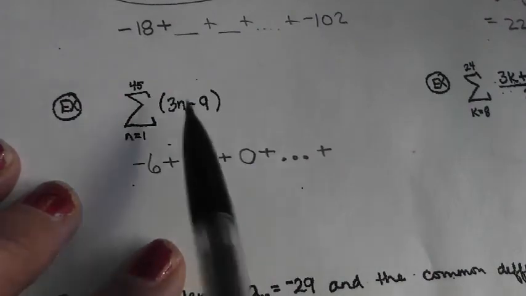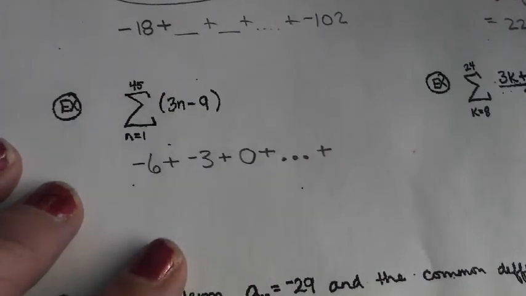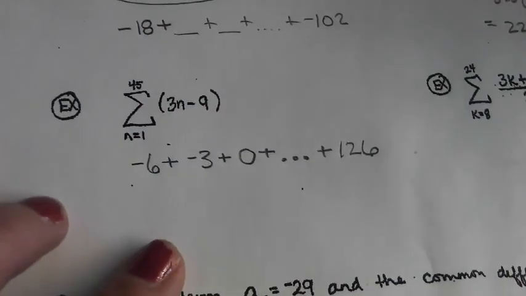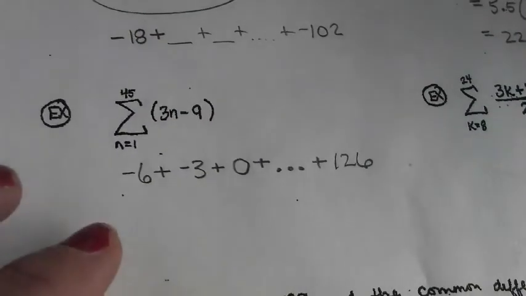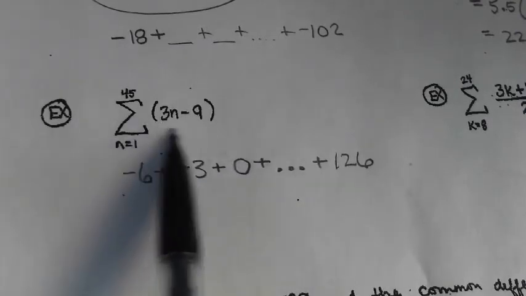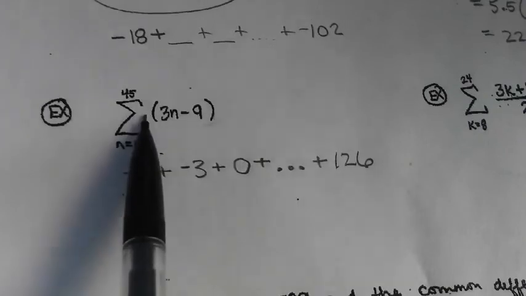If I plug in a 45, 45 times 3 is 135. Minus 9 is 126. By doing that, I should have shed light on the fact that this is arithmetic, plus 3, plus 3, plus 3, right? I should have known it was arithmetic anyway, because isn't this linear with a slope of 3?